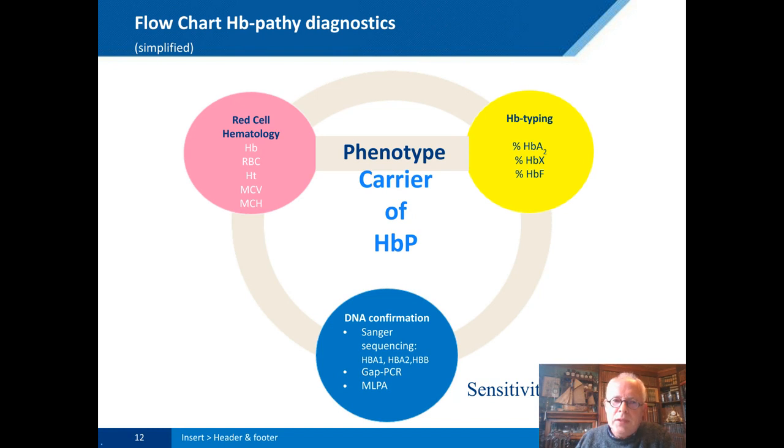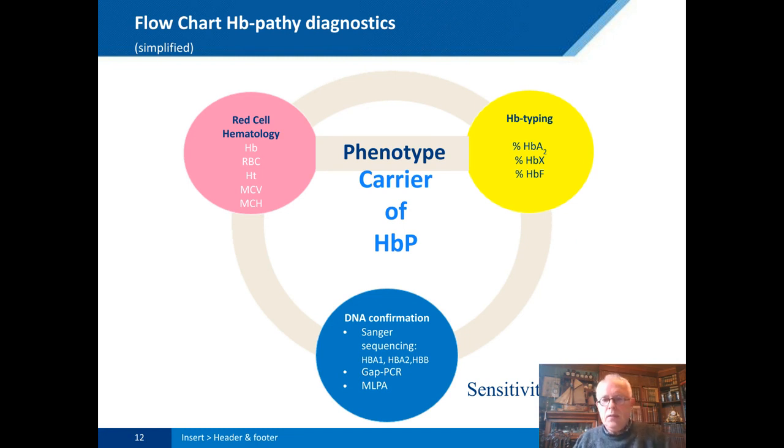And DNA confirmation can be found by using techniques like Sanger sequencing. The genes for alpha and beta are very small, so it's reasonably easy to sequence them completely, including the regulatory elements, introns and exons.